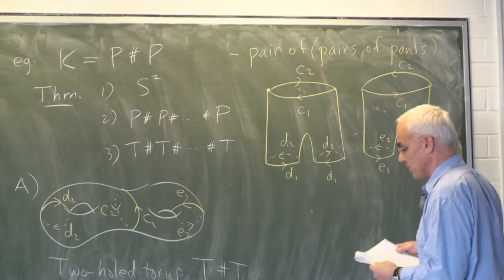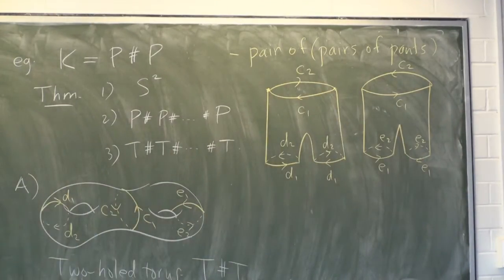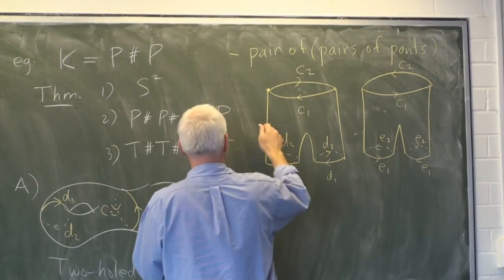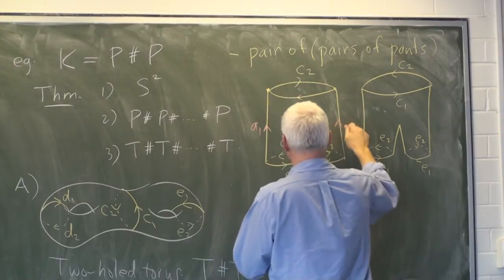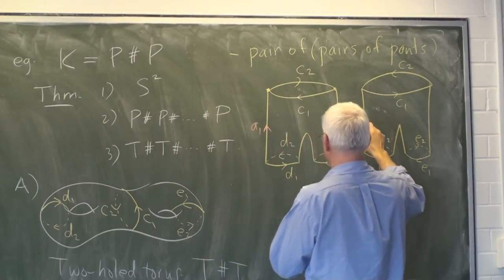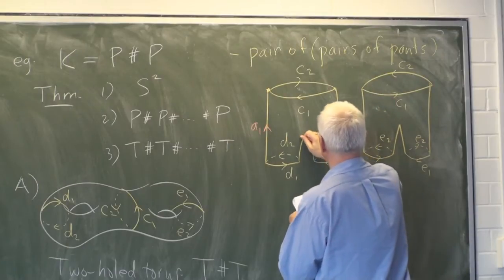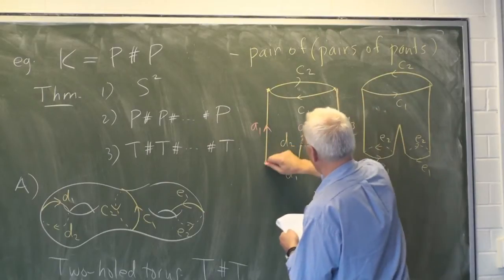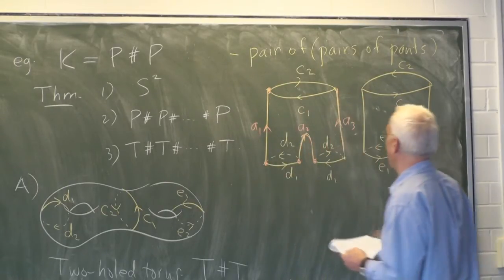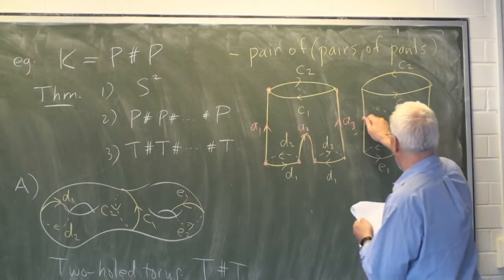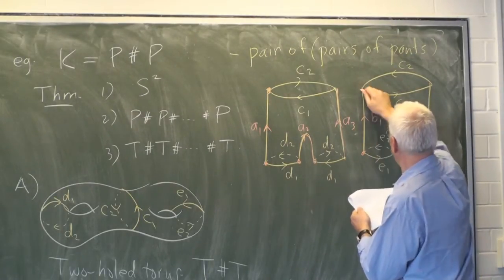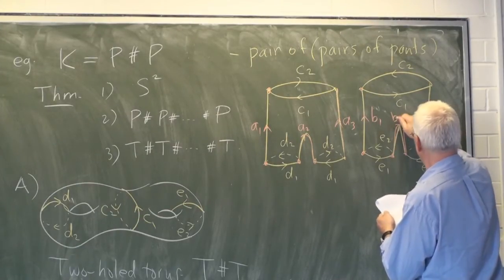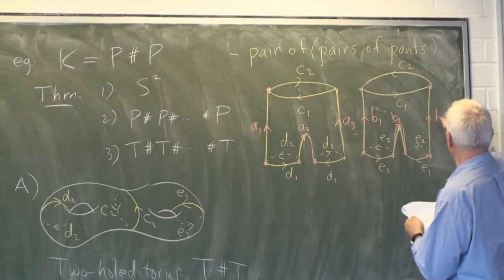All right, now let me introduce just a few more edges. So I'm going to cut it a little bit more. So I'll call this edge A1, this edge here A2, here to here, this edge A3, and similarly over here B1, B2, and B3.